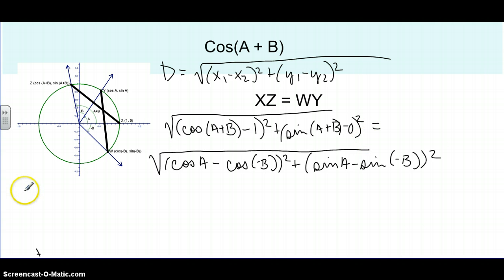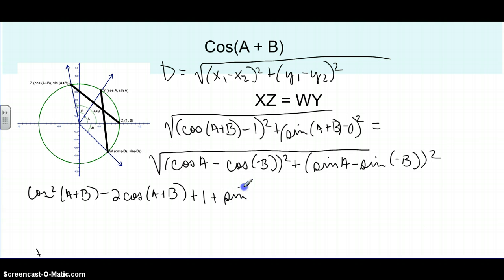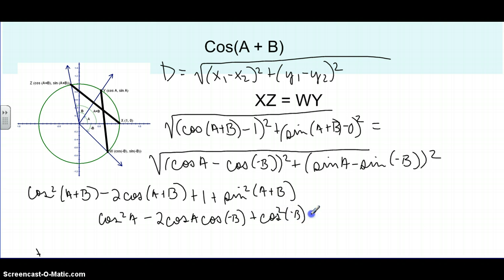On the left, I'm going to get cosine squared of A plus B minus 2 cosine of A plus B plus 1 plus sine squared of A plus B. On the right-hand side, I'm going to get cosine squared A minus 2 cosine of A cosine of negative B plus cosine squared of negative b plus sine squared of A minus 2 sine of A sine of negative b plus sine squared of negative b.